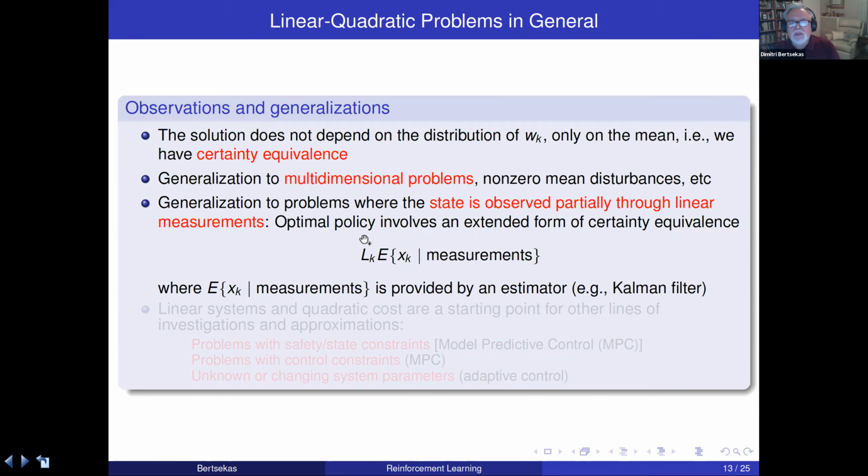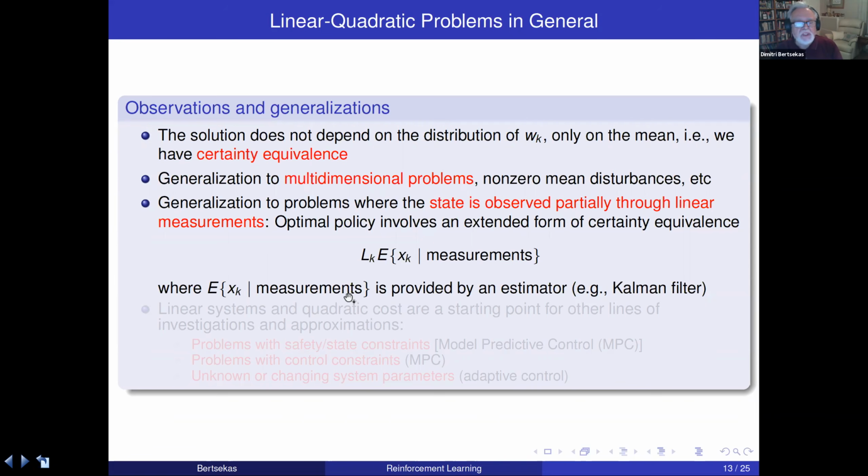Then the optimal policy can be derived in closed form again, and it involves an extended form of certainty equivalence. It has this form here. Lk is the same coefficient that we calculated for perfect state information, multiplying, instead of the state, its expected value using the measurements.